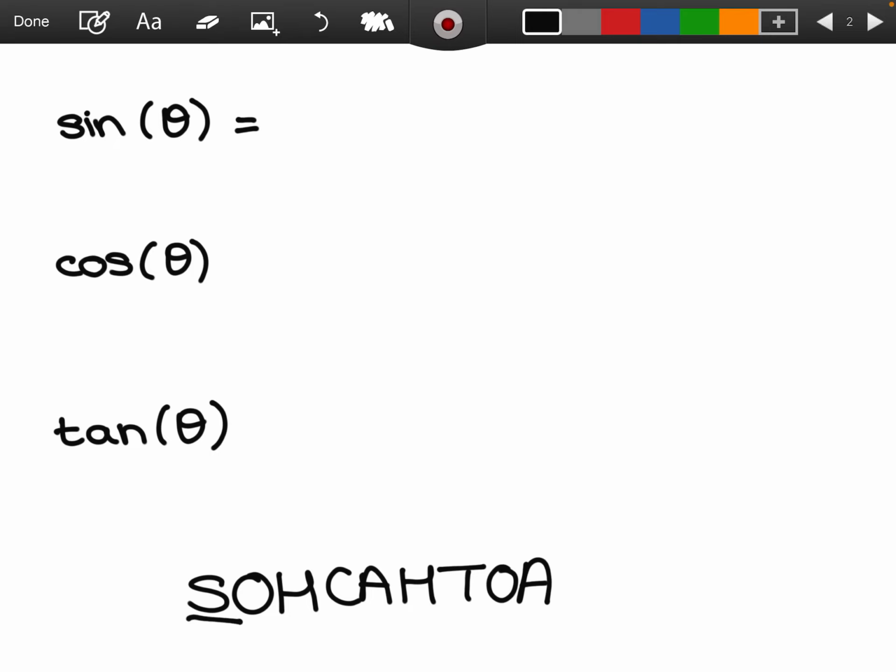To find sine of the angle, we're going to do the side opposite it divided by the hypotenuse. So it's the opposite side divided by the hypotenuse.